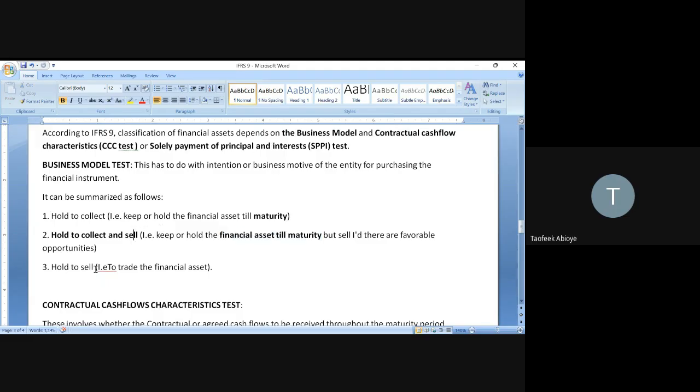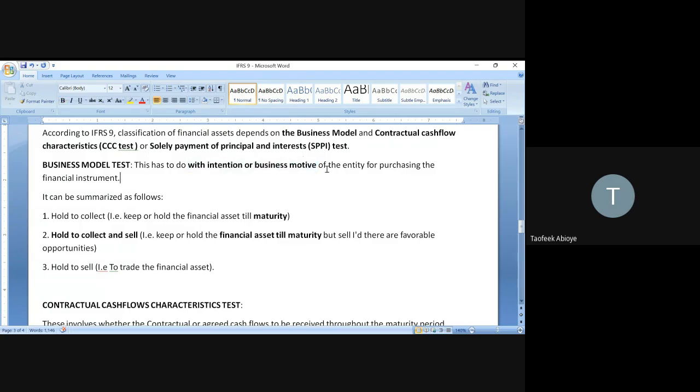Then the third one is hold to sell. That means when I bought that asset from day one, my business model is to sell it. In fact, I did not even have any option; I must sell it from day one. For financial assets and financial liabilities, when you buy it on day one, you must have an intention.